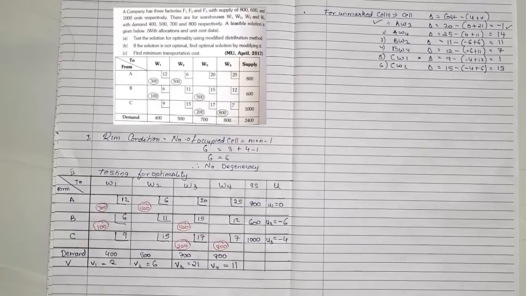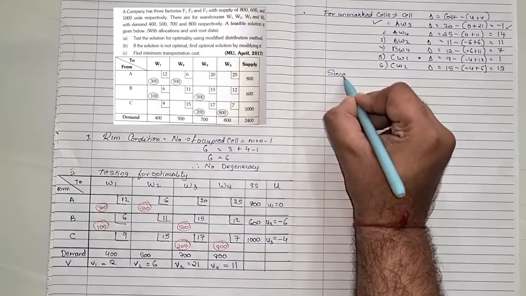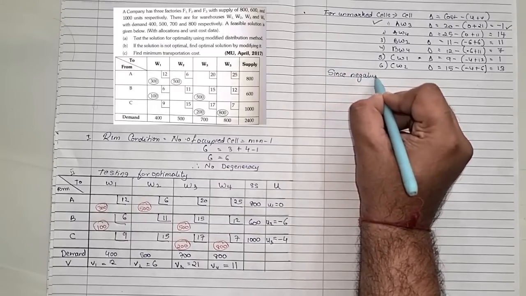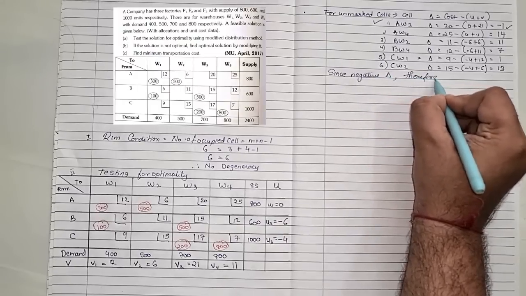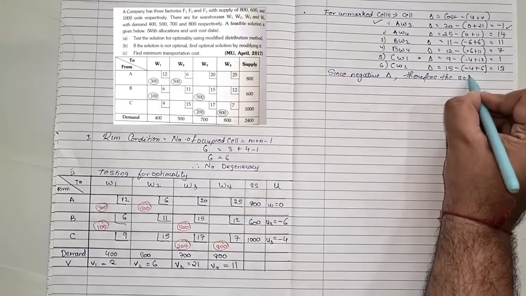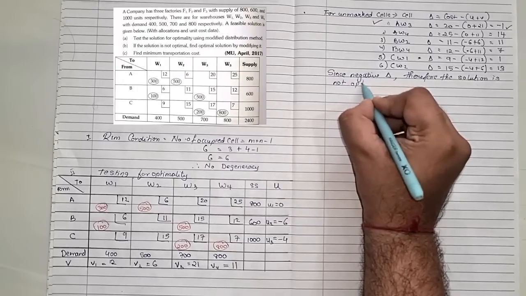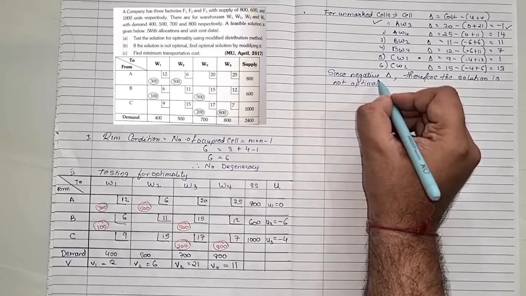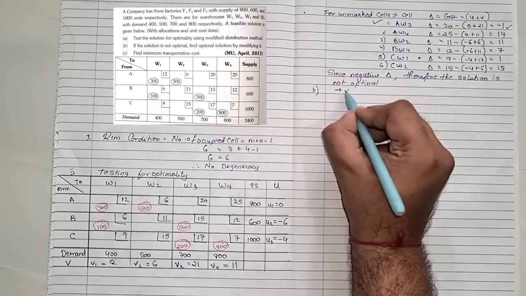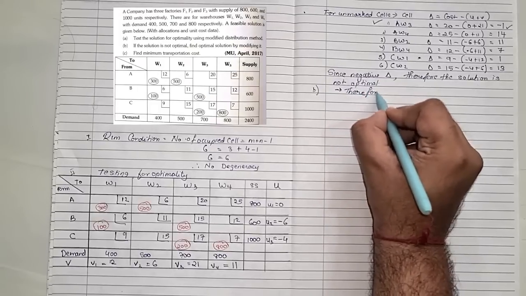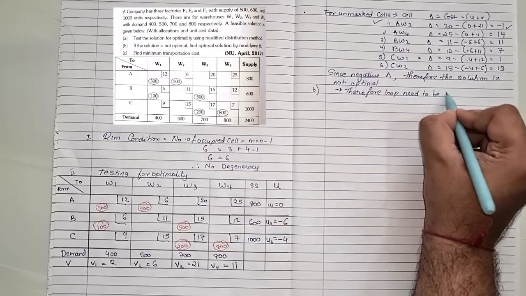So now we'll have to write down a statement that since there is a negative change, therefore the solution is not optimal. And if I need to make it optimal, I'll have to write, therefore loop needs to be formed.